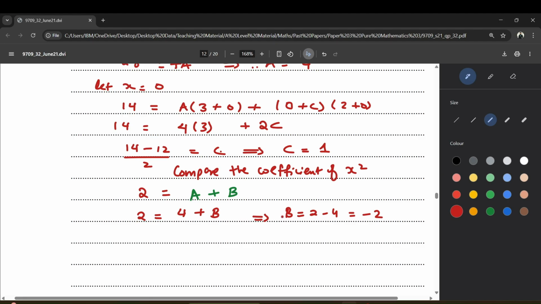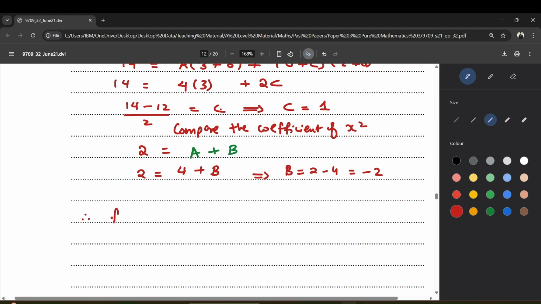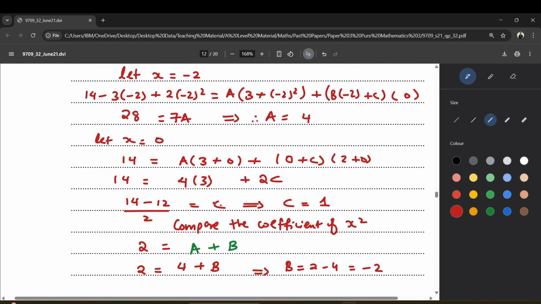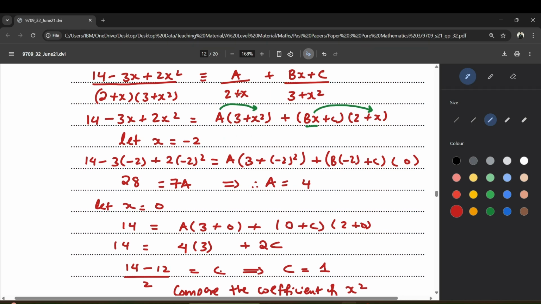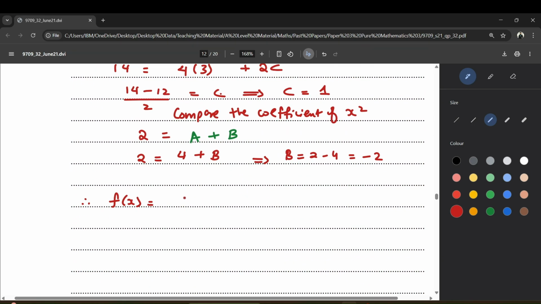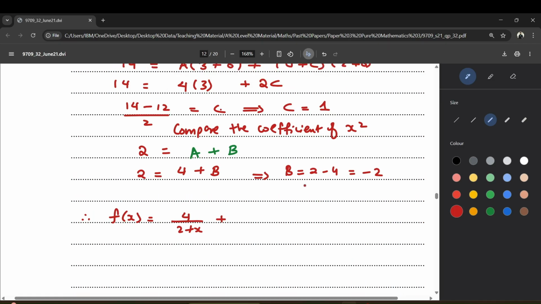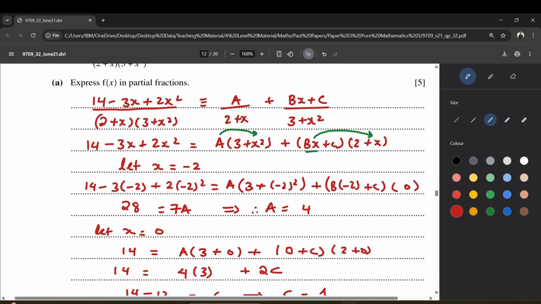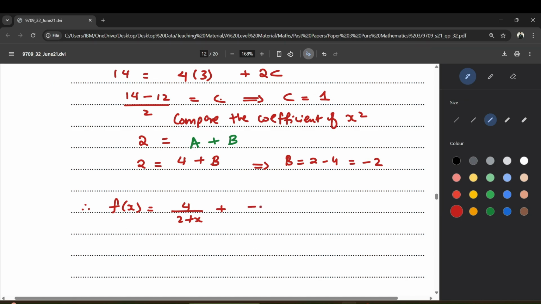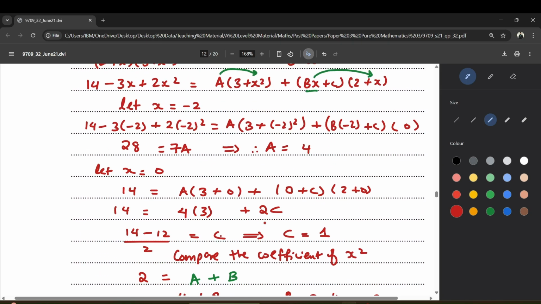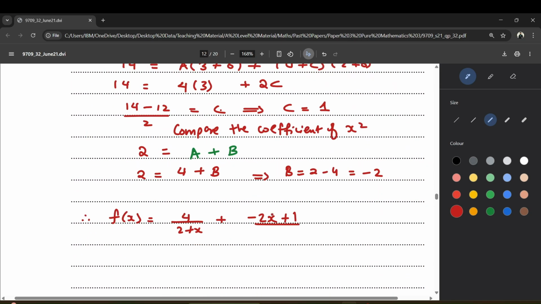Okay, so therefore f of x can now be expressed as partial fractions. So we have a upon 2 plus x, so that will be 4 upon 2 plus x, plus we have bx plus c, so that will be minus 2x plus c, c is 1, upon 3 plus x square.